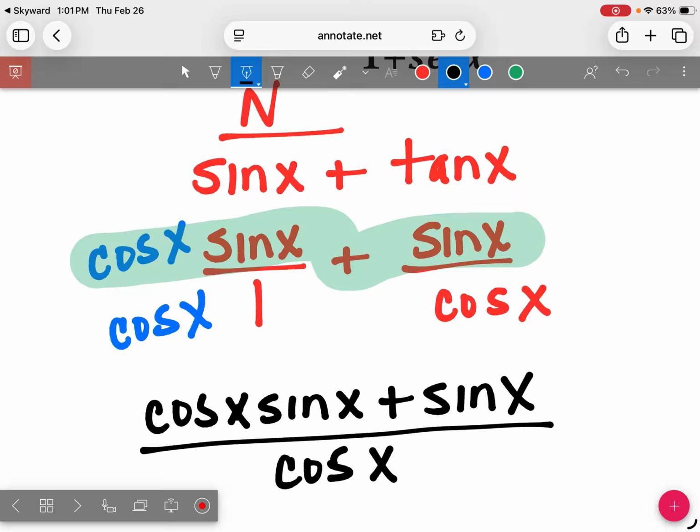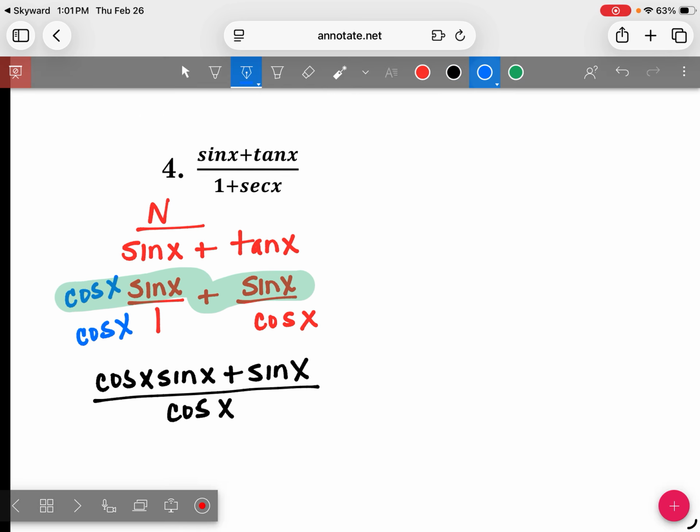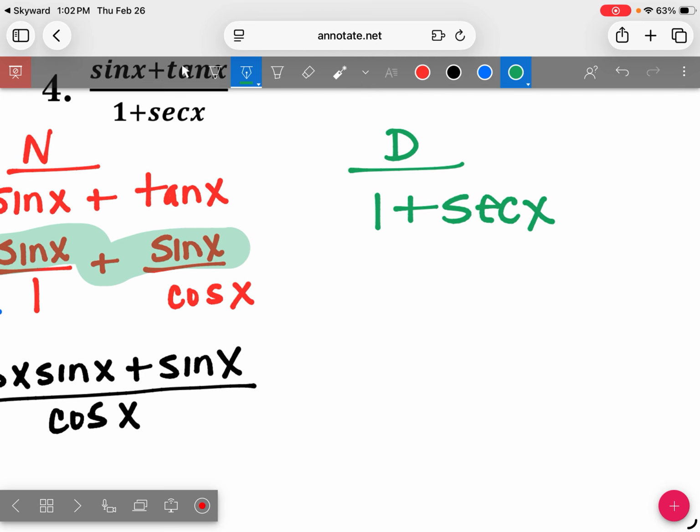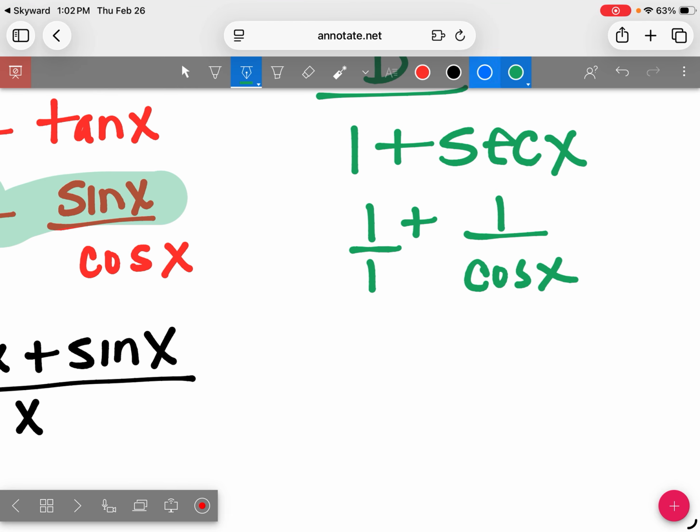So now let's start working with our denominator. Our denominator is 1 plus secant. So again, secant is 1 over cosine. So we have to do the same thing. We have to multiply this fraction by cosine.